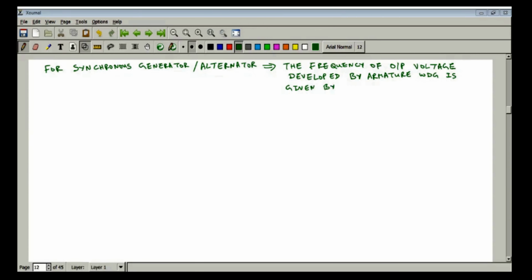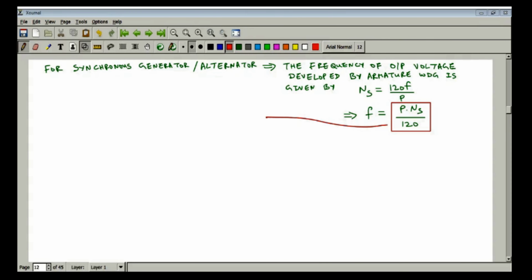Let me write first the formula for synchronous speed, Ns equals 120 F by P. So this implies that F equals P multiplied by Ns divided by 120.